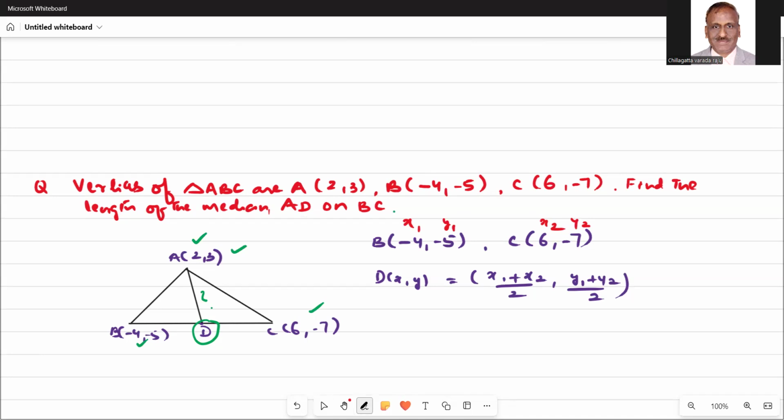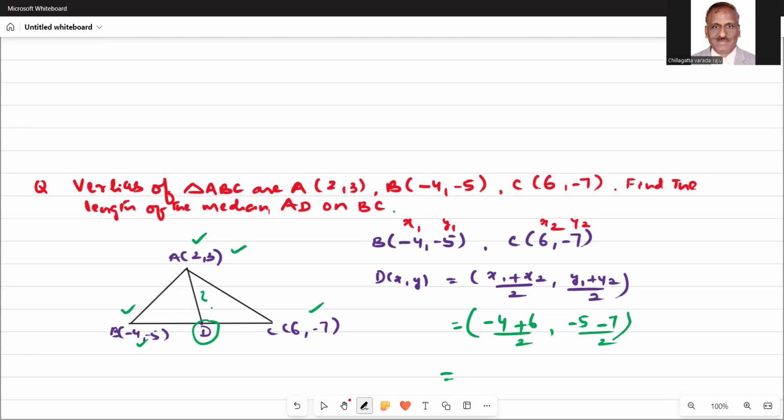D(x, y) is equal to, you use the vertices B and C. B is (-4, -5) and C is (6, -7). Here I will apply the midpoint formula: (x1 plus x2) by 2, that is (-4 plus 6) upon 2. The y coordinates are (-5 plus -7) upon 2.